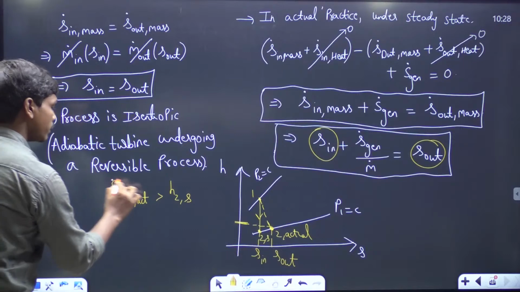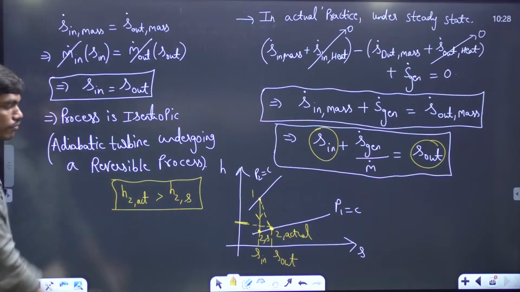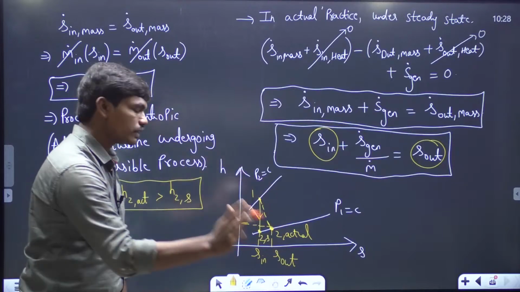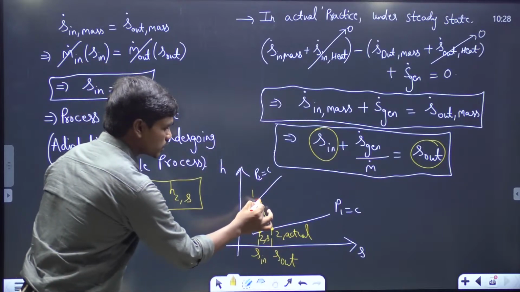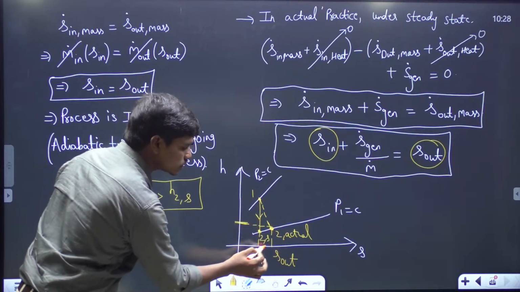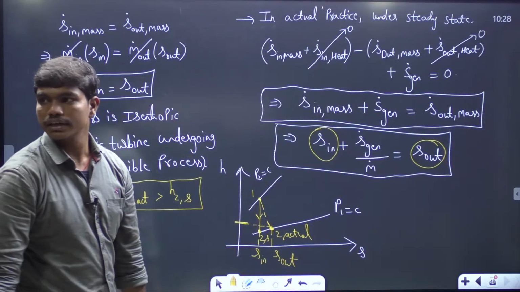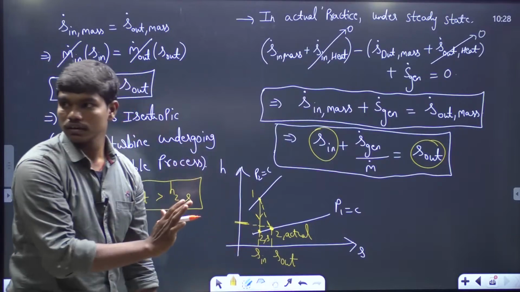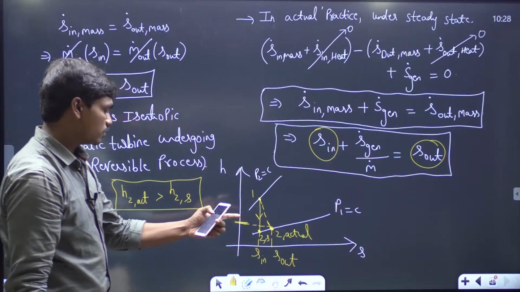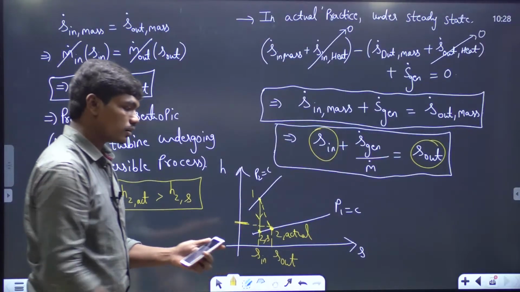Did you all understand till this point? When entropy is increasing, but the pressures of the device are fixed, then this process 1 to 2 actual will run something like this with the entropy value slightly increasing, correct? Did you all understand why I have drawn this actual line a bit to the right of this line? I want you to respond.